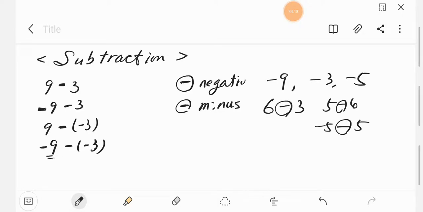So these two are negative numbers, and this is minus. You are doing a subtraction for these two numbers. So that is how we read. If it's a number, you read it as negative. If it's subtraction, then read it as minus.